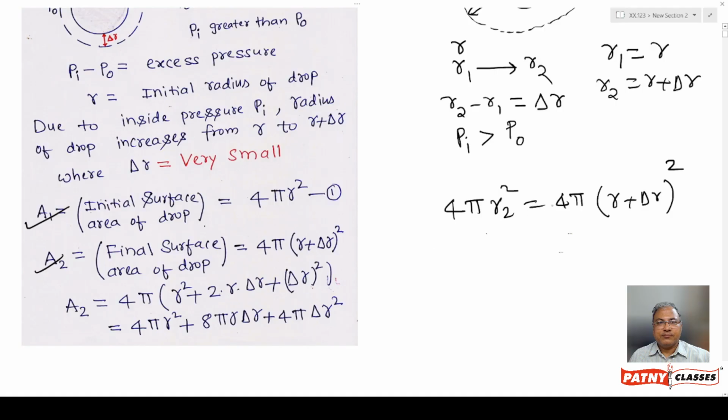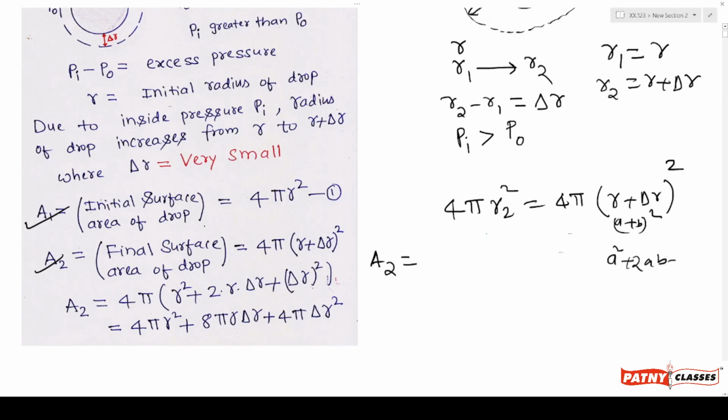Therefore, final surface area of the liquid drop A2 equals 4 pi r plus delta r whole square. Let us expand it by using the formula a plus b whole square equals a square plus twice ab plus b square.